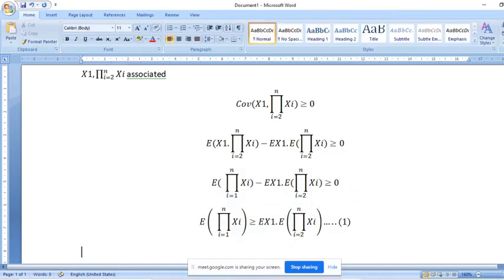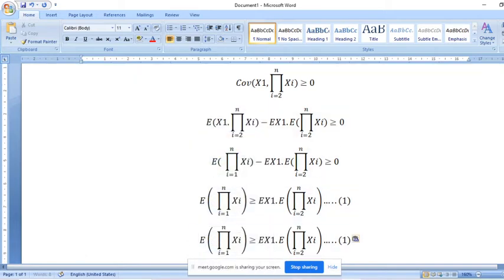And we can iteratively apply the same formula.